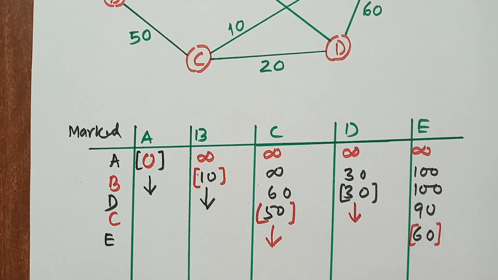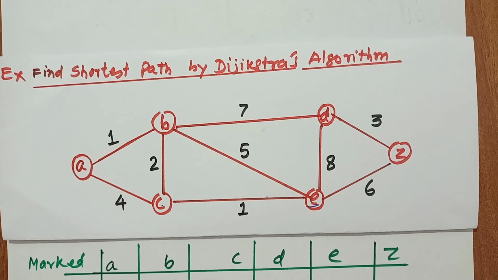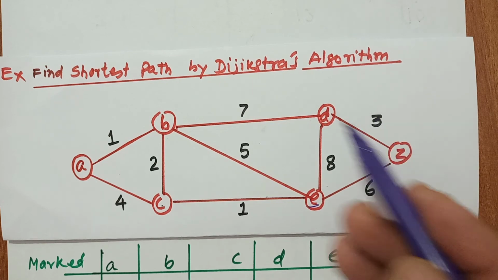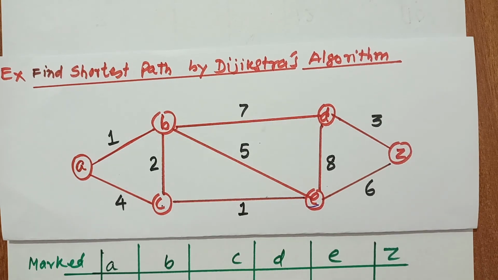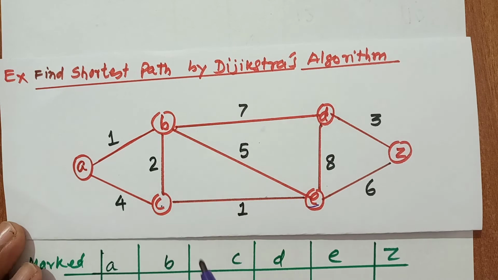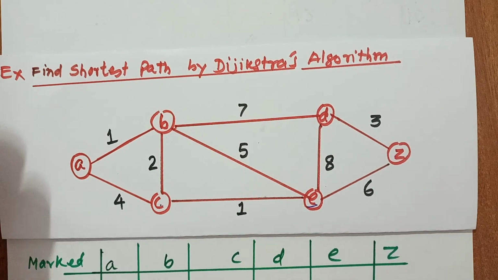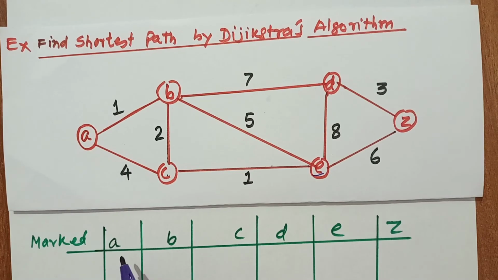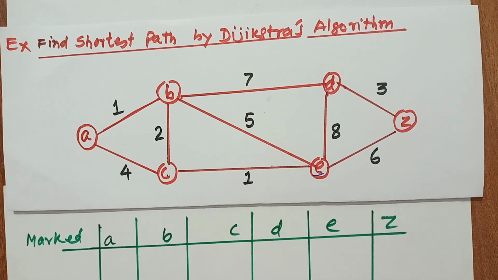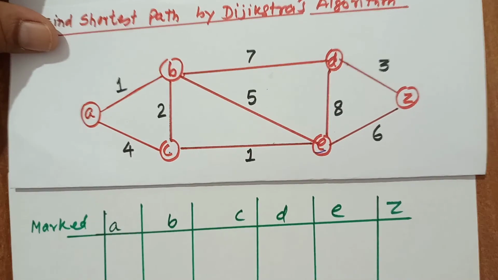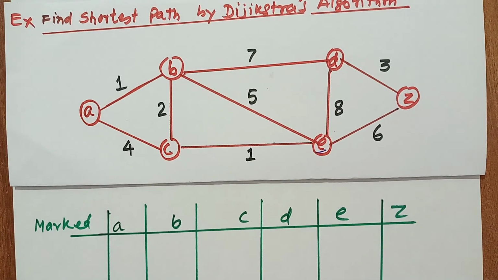Now, find the shortest path by Dijkstra's algorithm for the following graph. First, look at your graph. There are 6 vertices, so you put the vertices A, B, C, D, E, Z. First we will look at our graph very carefully.